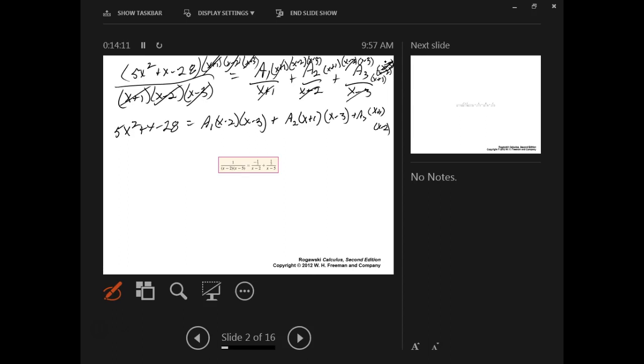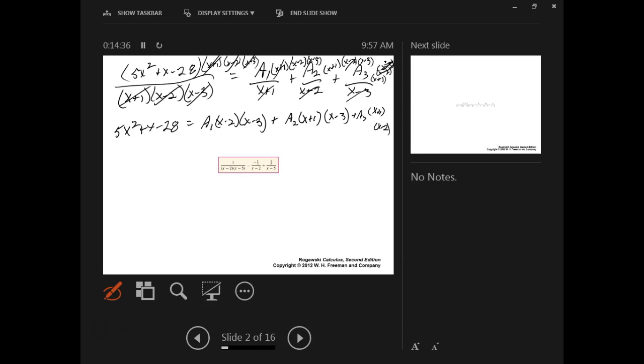Now, we could, if we wanted to, multiply these two together and multiply by A1, multiply those two together and multiply by A2, multiply those two together and multiply by A3. Each of these terms has an x squared in it. And then you know that A1 plus A2 plus A3 is going to equal 5.